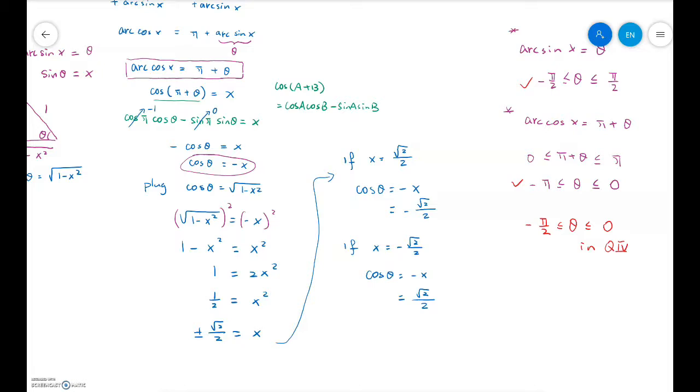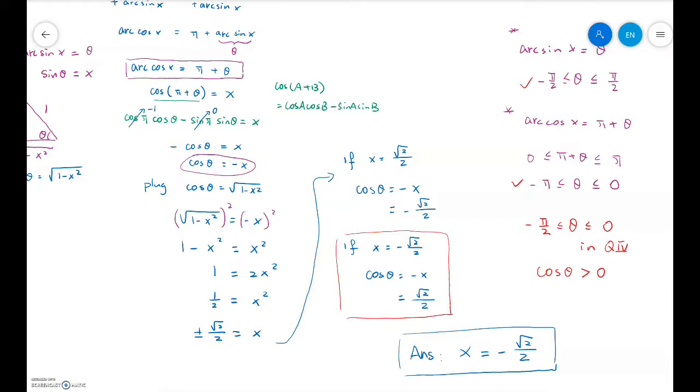From that discussion, we know theta is in quadrant 4. In quadrant 4, cosine of theta is positive. The only situation where I have a positive value is when x equals negative square root 2 over 2, where cosine of theta equals negative x, which is positive square root 2 over 2. So the final answer: x equals negative square root 2 over 2.